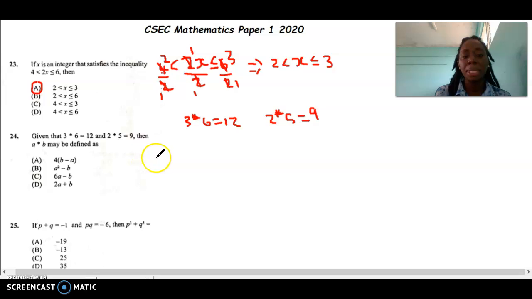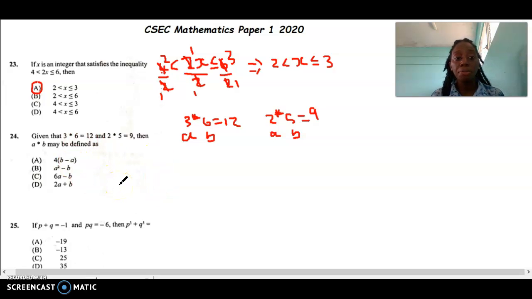What do I mean by that? Let us set A equal to 3 and B equal to 6. In the second case, A is equal to 2 and B equal to 5. So I'm going to do a little trial and error to see if any one of these responses will satisfy these 2 conditions. I'm going to choose randomly.